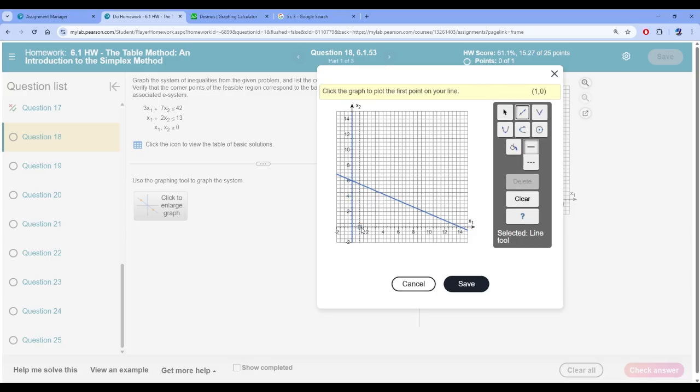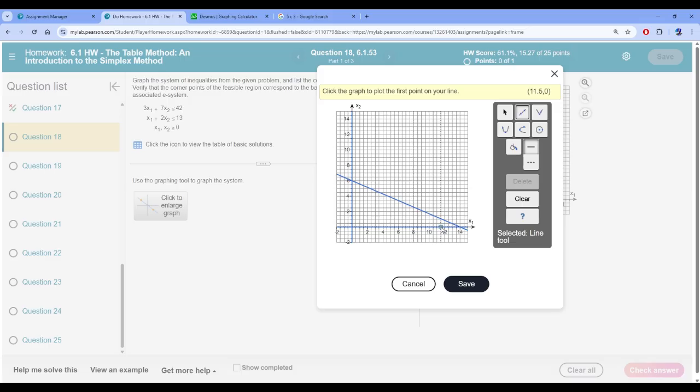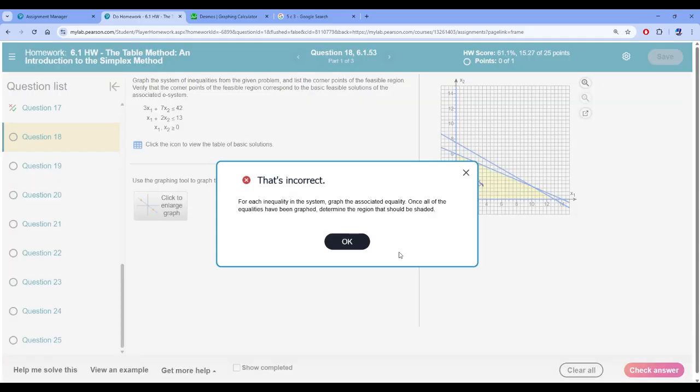And then when y is 0, x is 13. And 13 divided by 2 is what, 7.5? And the region is in here. Check answer.